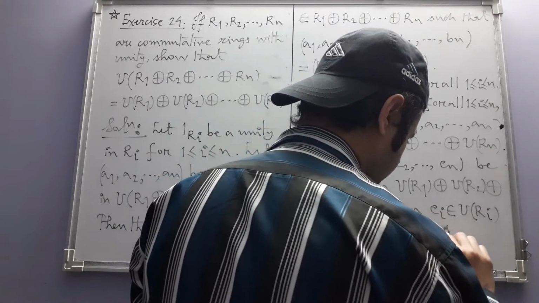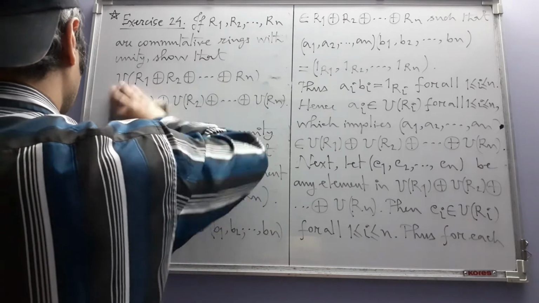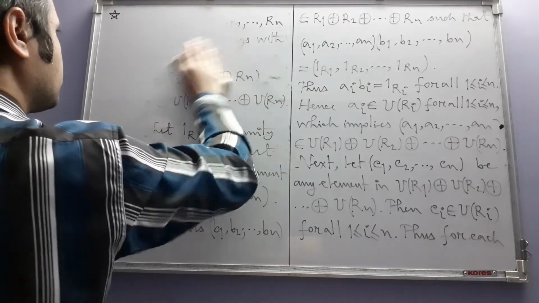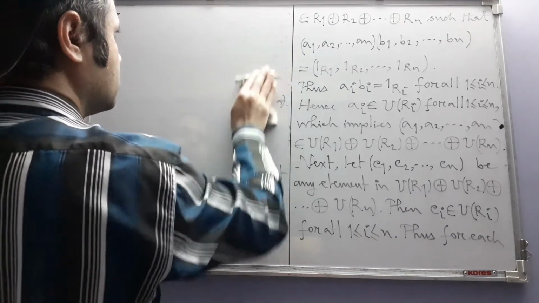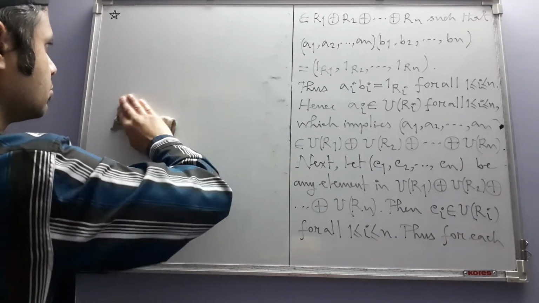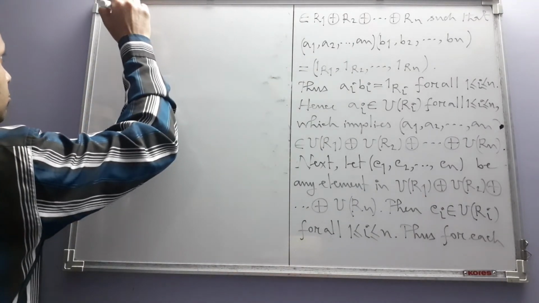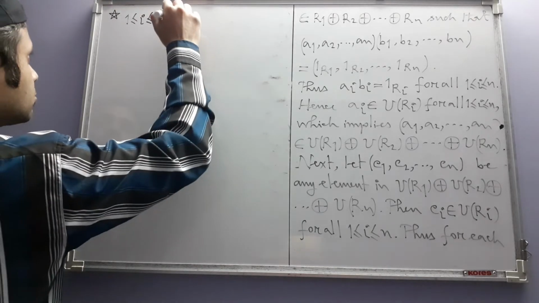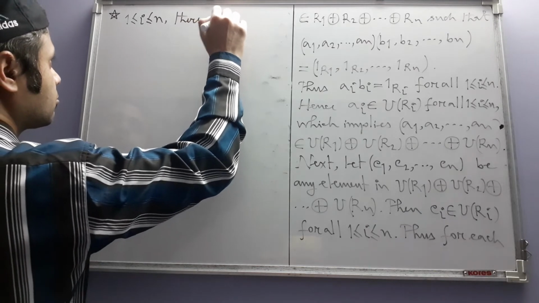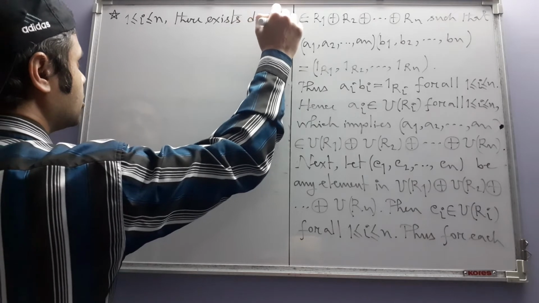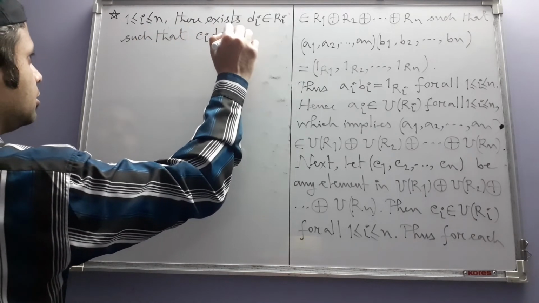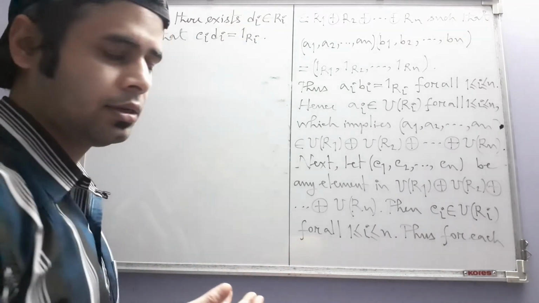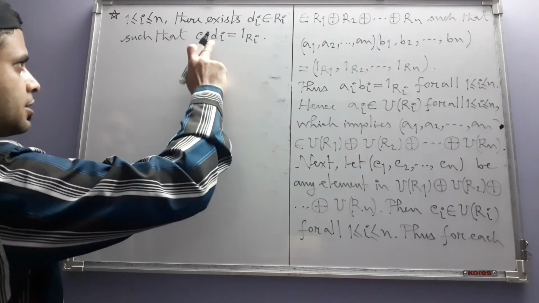Thus, for each i, there exists t_i belonging to Ri such that c_i t_i equals 1_Ri, because c_i is a unit, that is, it has a multiplicative inverse. Let such an inverse be d_i.